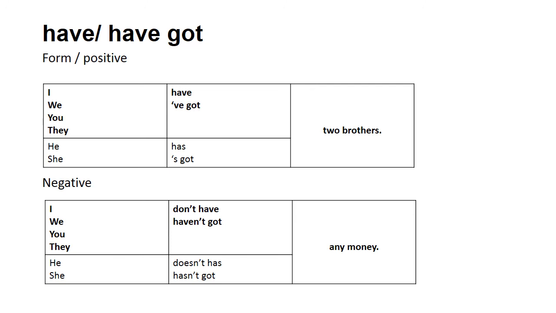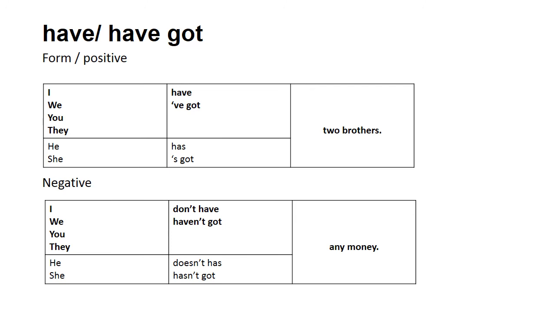Here we can say I have two brothers. You have got two brothers. Or we can say he has two brothers. She has got two brothers in case of positive.